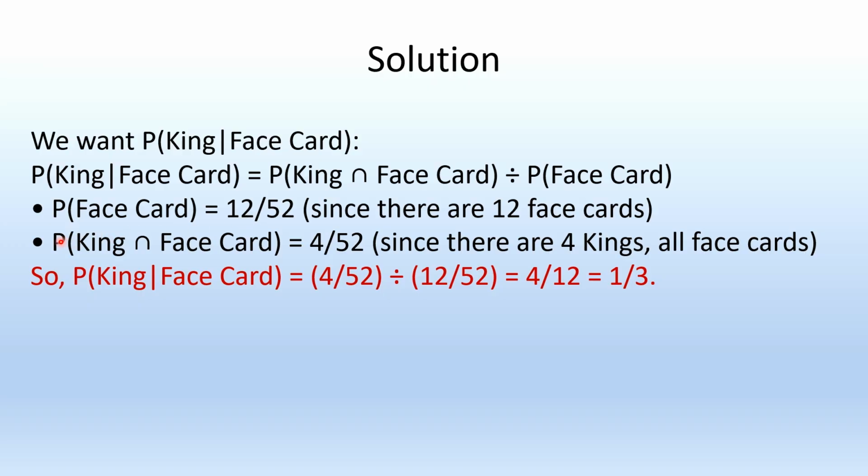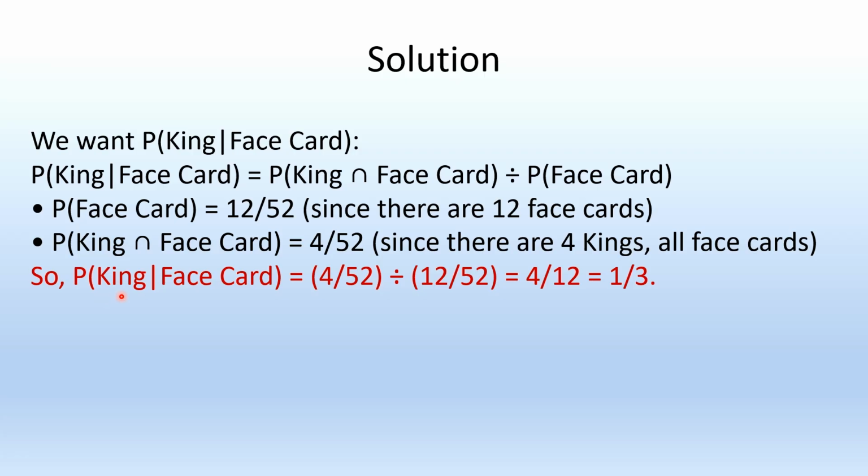And so the intersection of kings and face card would be 4, because of those 12 cards, 4 of those are going to be kings. So the intersection of a king and a face card would be 4 divided by 52, since there are 4 kings in the face cards.